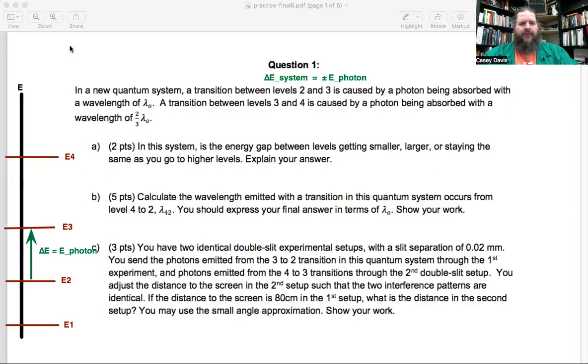And you have a formula for how much energy a photon has in terms of its wavelength, which is what's described here. How does the energy of a photon relate to the wavelength of the light?